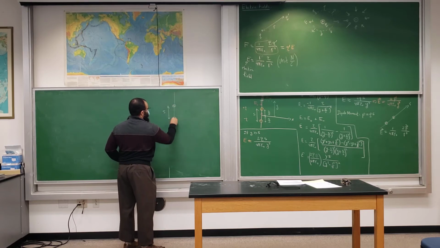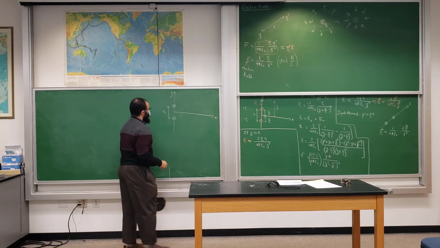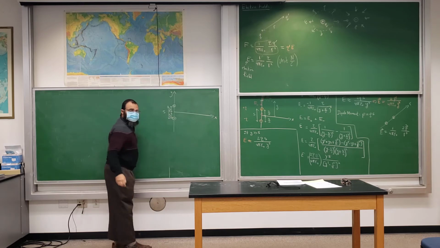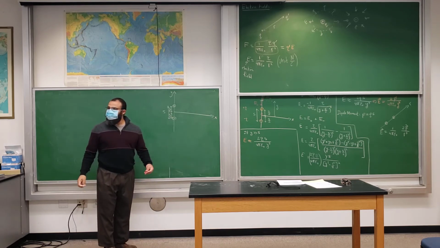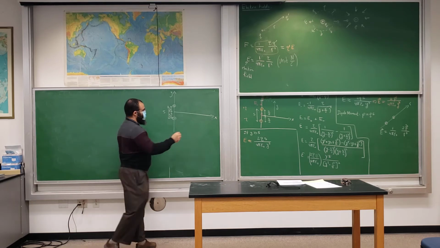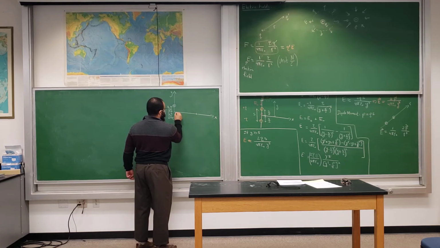Here is the y-axis. Here is the x-axis. Right, this is s over 2, and of course this one is also s over 2. Okay. So let's see what is the electric field due to this dipole at this position, from here to here.